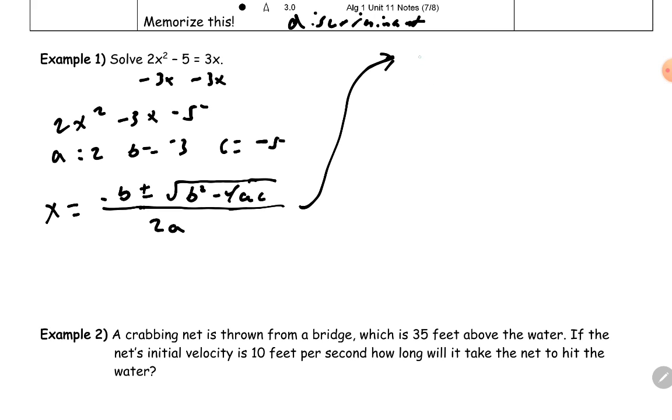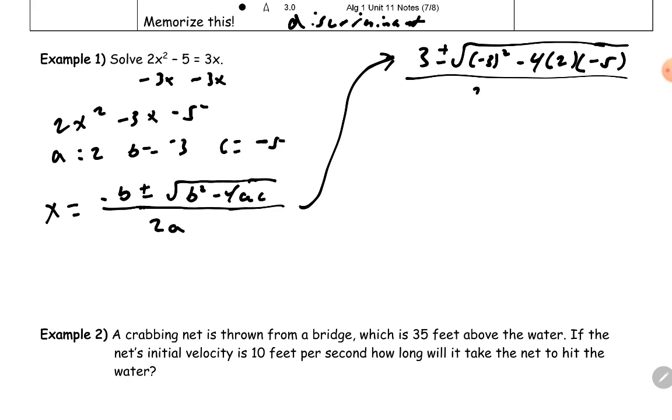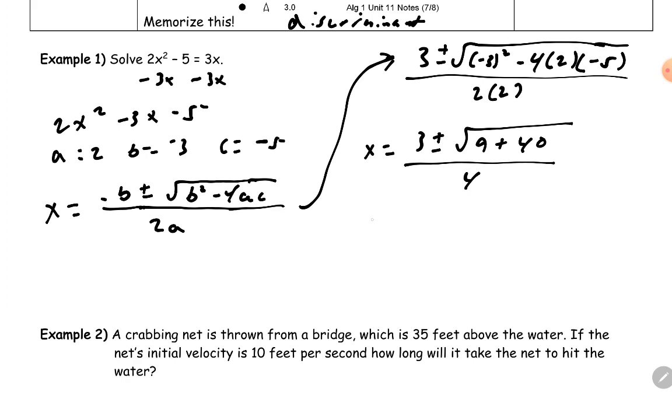Negative b, or the opposite of b, is positive 3, plus or minus the square root of b squared, so negative 3 squared, minus 4 times a, which is 2, times c, which is negative 5, all over 2 times 2. So this becomes x equals 3 plus or minus the square root of 9 plus 40, divided by 4.